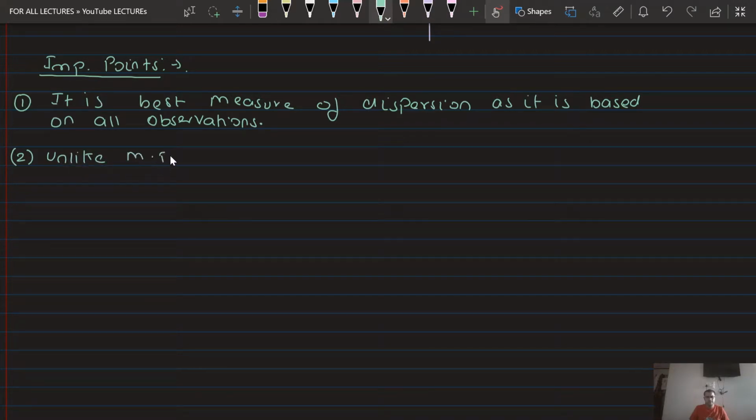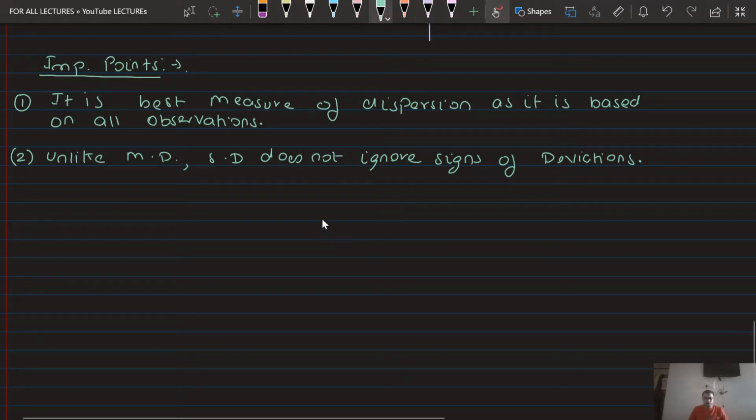Number 2, unlike mean deviation, standard deviation does not ignore signs of deviations. Now what is the meaning of that? Just listen.